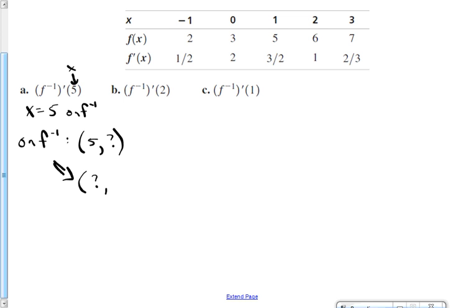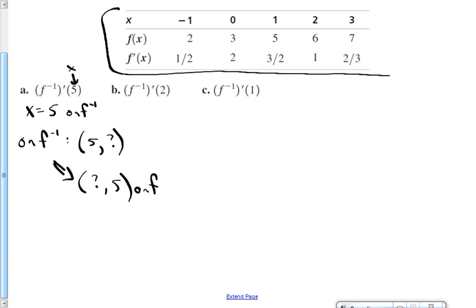There's some point on f that has the coordinates (something, 5). Why is that significant? Because we don't have a table of f inverse, guys. We have a table of f. So now what I need to do is consider what is the x coordinate on f if the y coordinate is 5.